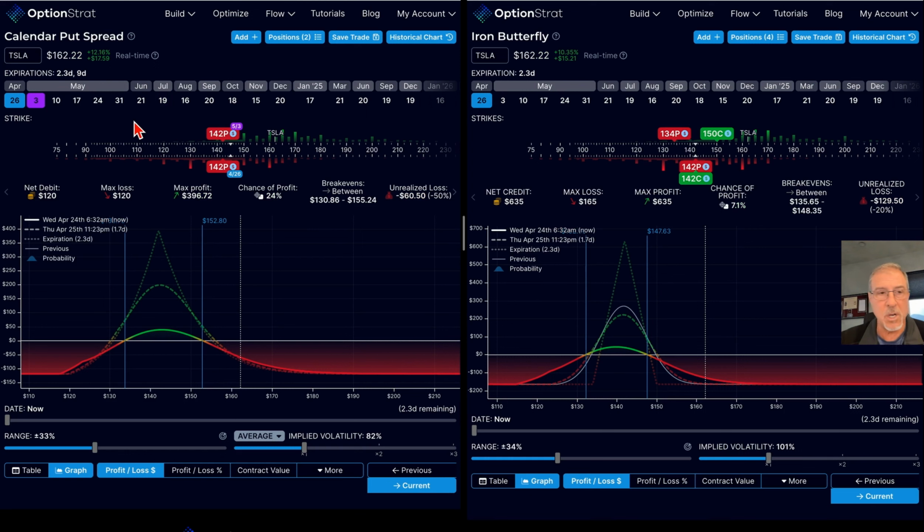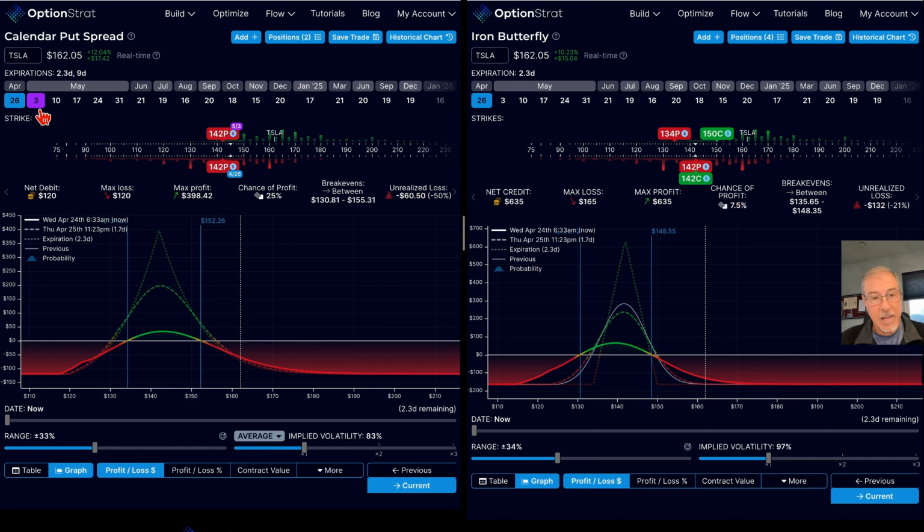There are other things you can do, but just know that the max loss P&L is calculated off of the fact that when this one expires, you will also be closed out of this one.